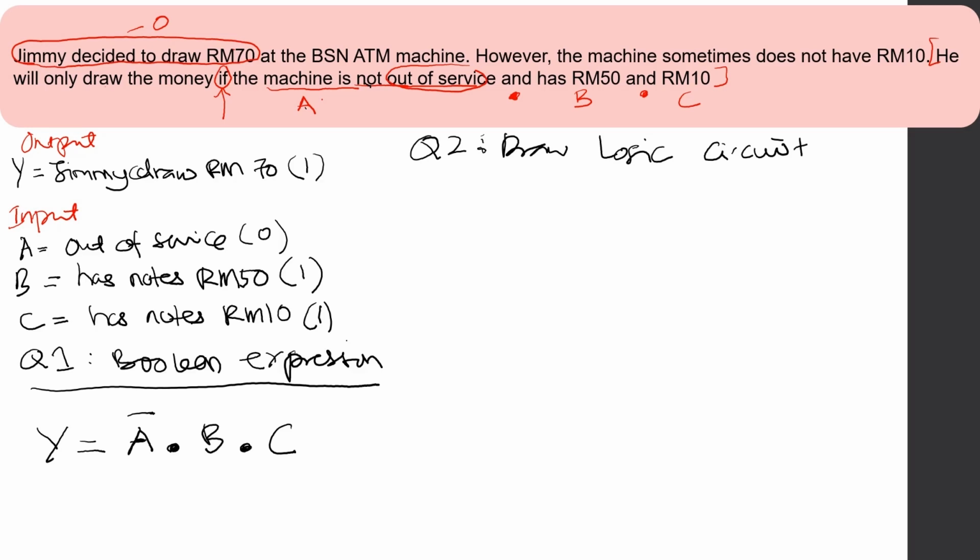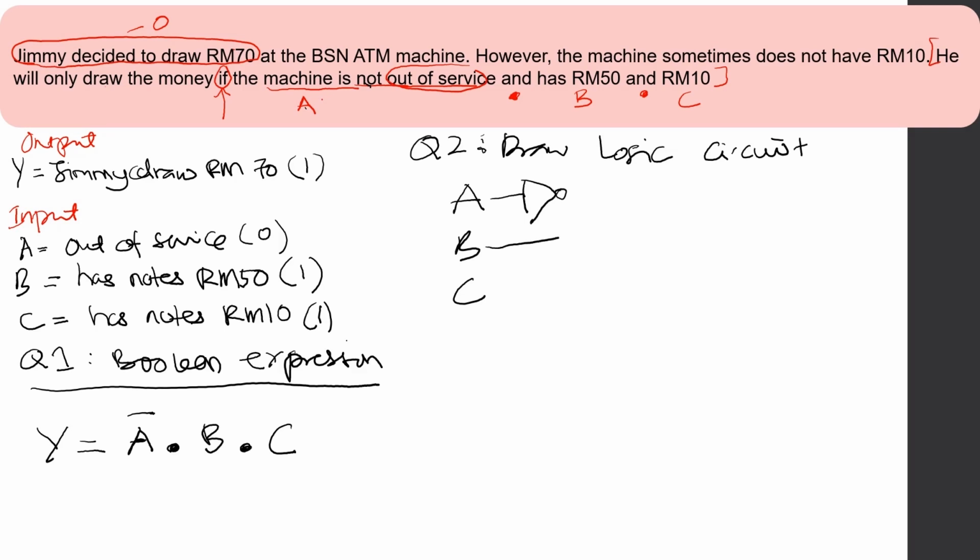So we have 3 inputs, A, B, and C. Just write down all the inputs, and make sure you write them in order, A, B, C, not C, B, A or B, A, C. So A is A not, and then AND with B, A not dot B.